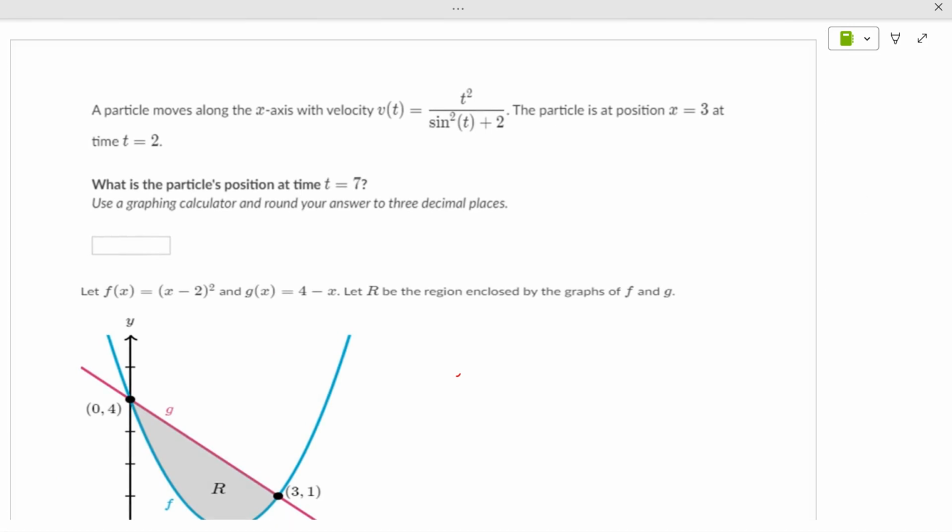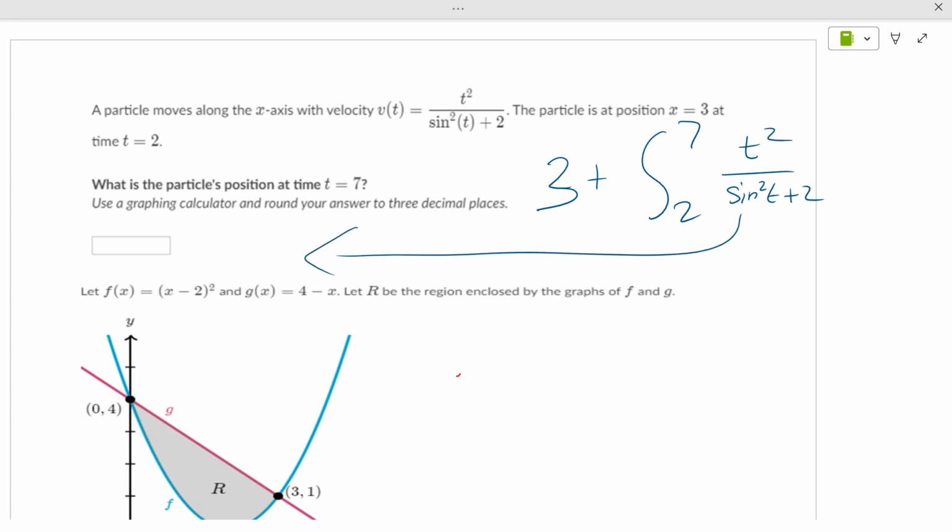Position at 3 is 2. What's its position at 7? So you take 2, you take 3 plus the integral from 2 to 7 of t squared over sine squared of t plus 2. And you round it to 3 decimal places.